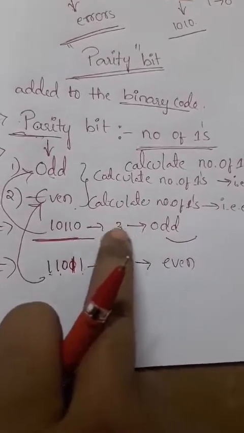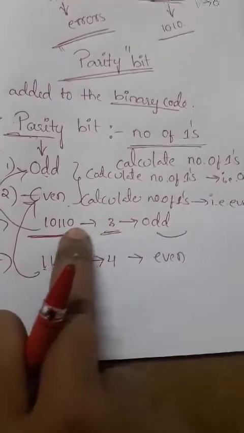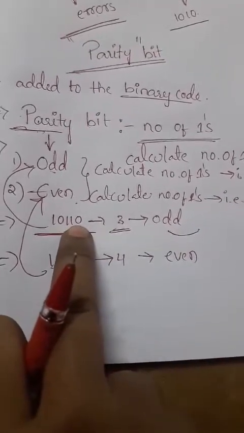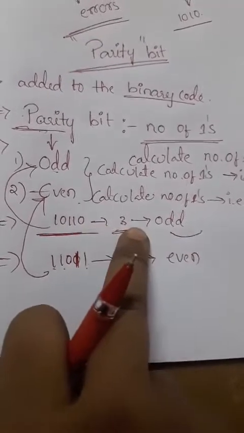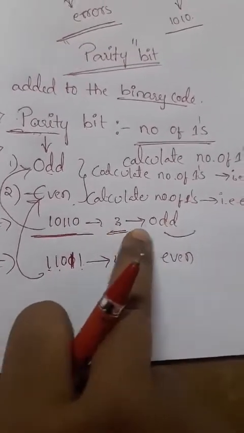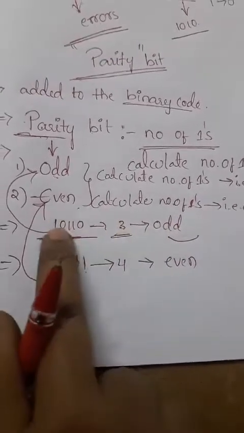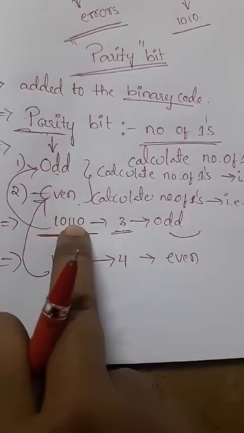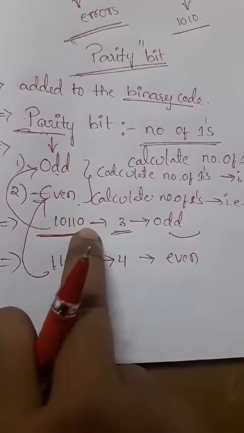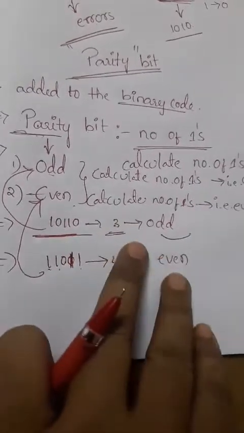If you have a 5 digit code like 10110, this is said to be directly odd parity. Why? Because we can observe 3 ones here. Just observe, 1, 2, 3, right? So just calculate how many ones we have in this code. So this is said to be odd parity.